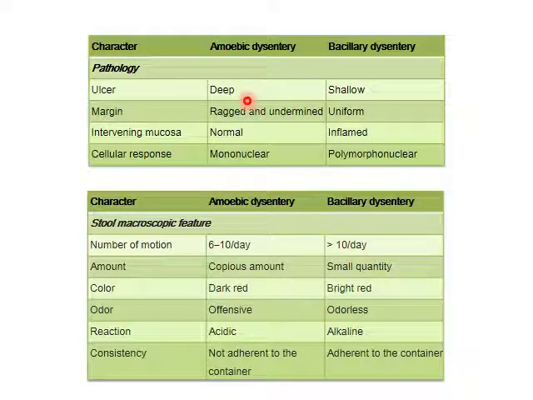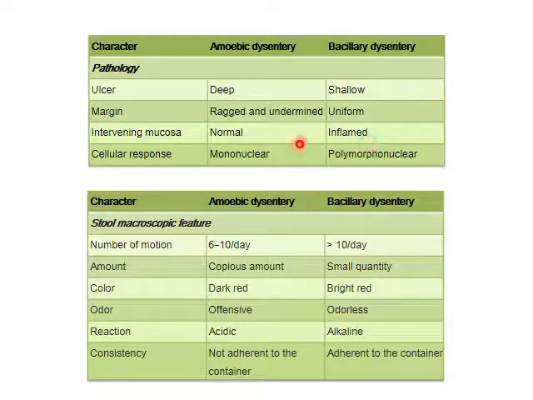The ulcer in amoebic dysentery is deep, while in bacillary it is shallow. As you have already seen, the ulcer is flask shaped. The margins in amoebic dysentery are ragged, and in bacillary they are uniform. A very important finding is that the intervening mucosa, that is the mucosa between the ulcers, is normal in amoebic dysentery, while in bacillary dysentery it is inflamed.